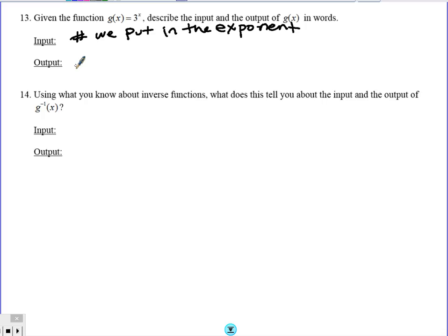All of the output values are going to be powers of what? In this problem, they're going to be powers of 3. 3 to the 1, 3 to the 2, 3 to the 3, 3 to the 1/2, 3 to the -1, 3 to the -2. So these are all going to be powers of 3.